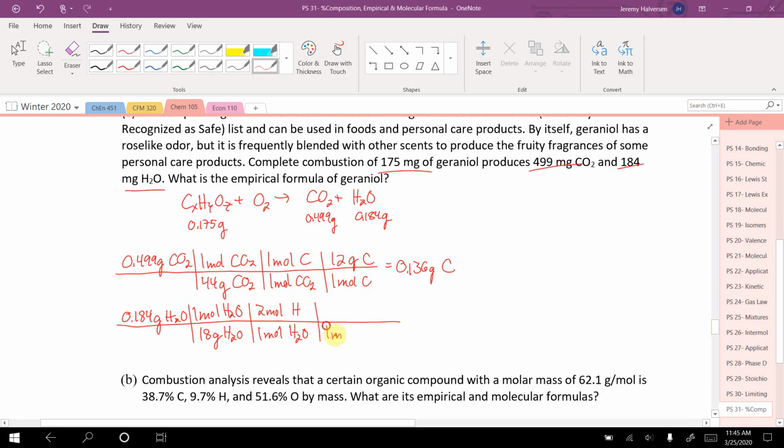And I know 1 mole of hydrogen weighs 1 gram. So now 0.184 divided by 18 times 2 gives me 0.0204 grams of hydrogen.